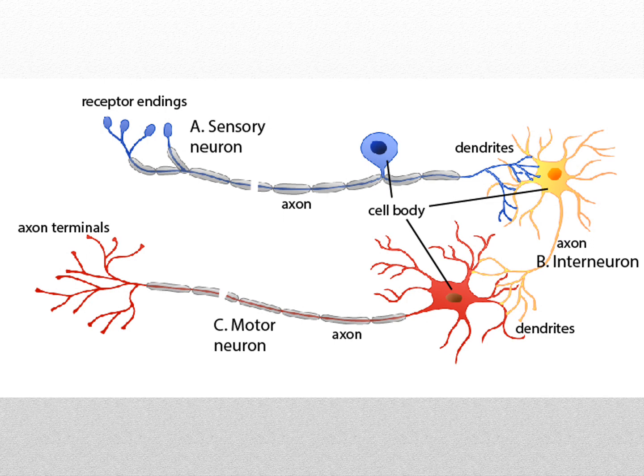This is somatic tissue, so it would be a skeletal muscle, or a tendon, or the skin. For example, if you're pulling your hand away from a hot flame, or you touched a sharp object. So this gives you an idea of what the interneuron does. It's right there in yellow.